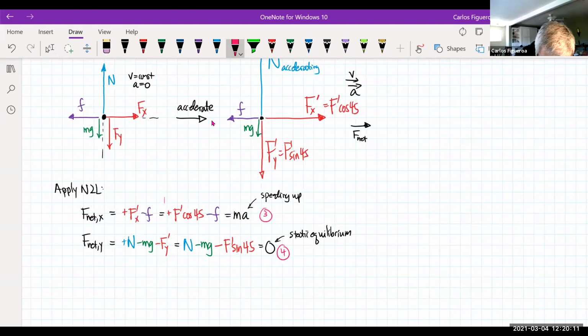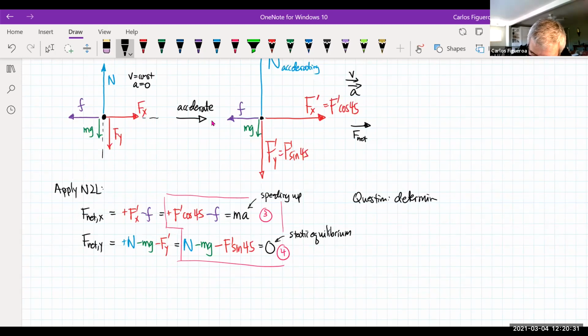So my N2L equations read like this here. These are my equations. So what does the question ask for? What you're seeing here is that they ask you to determine the new force F prime and the normal.